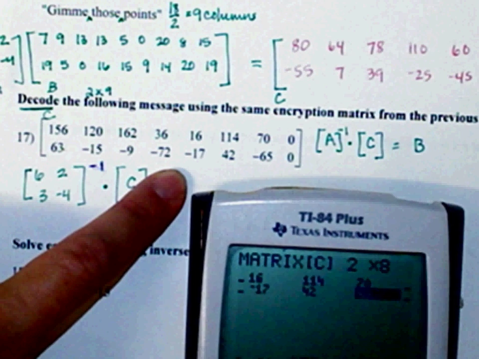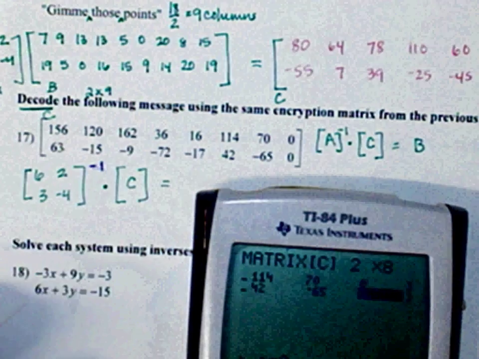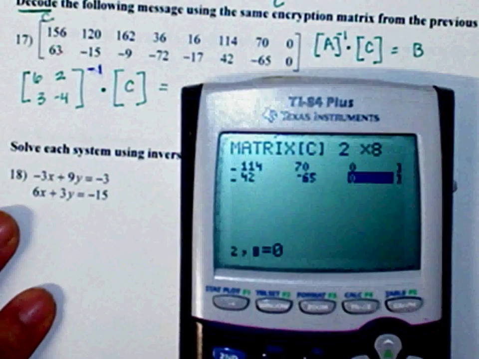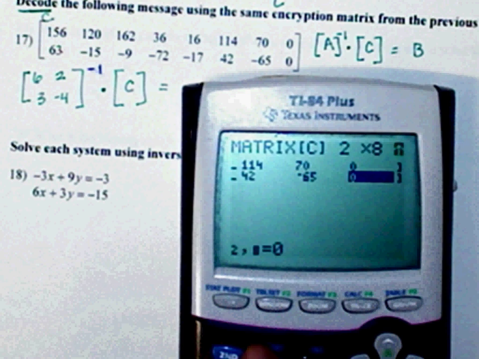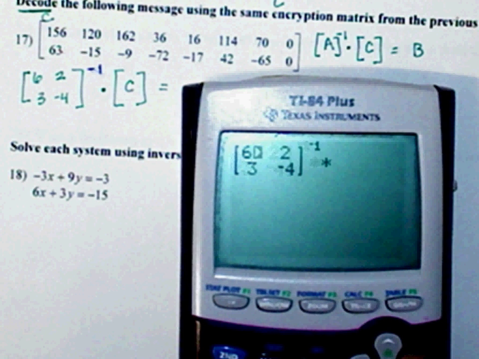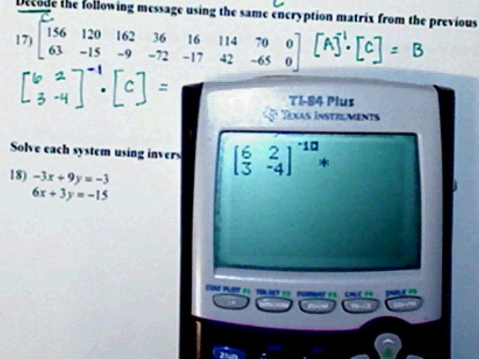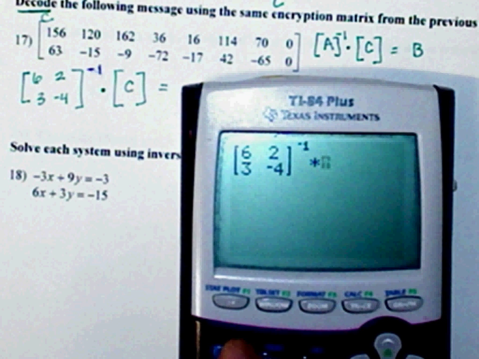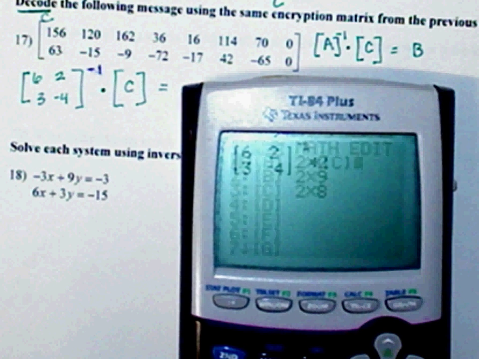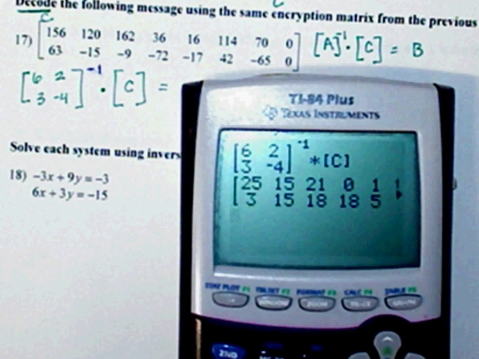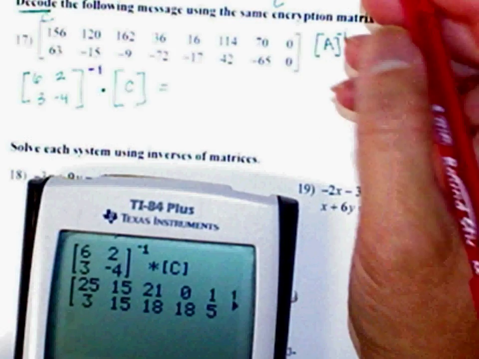Okay, everyone see it right there? And I enter it. So now I'm going to get out of it, okay? And I did the inverse already, and now I want you to go and grab C, second matrix, 3. All right, and so it gives me the decoding.